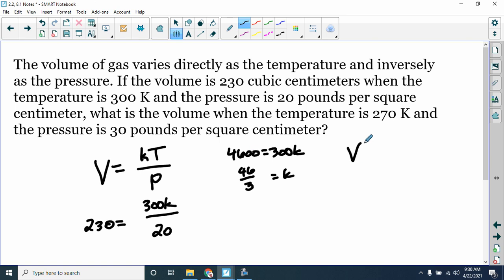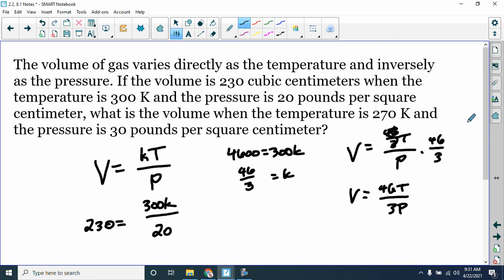So the equation is V equals 46 over 3 T over P. If this is a multiple choice question and it's asking you to write an equation, a lot of times instead of writing the whole fraction as k up here in the numerator, this is the same thing as V equals 46T. You move the 3 down to the bottom. Basically, you're multiplying times 46 over 3. So we've got 3P in the denominator there.